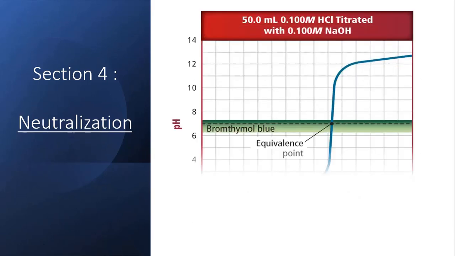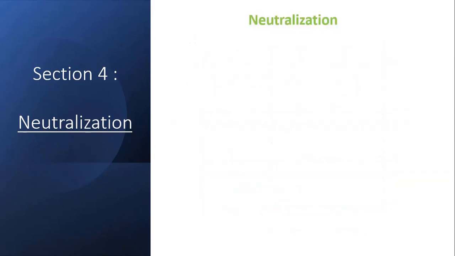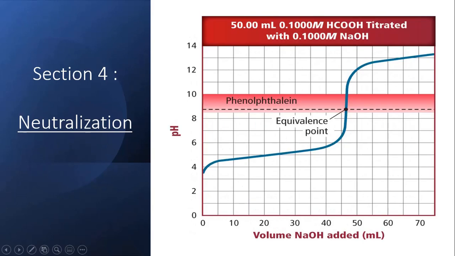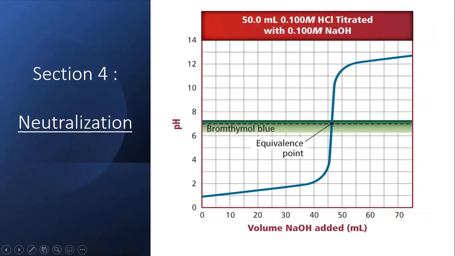You have some information mentioned in this, and you have NaOH also added to another type of acid that is strong. Here is strong acid, here is weak acid. This is why you don't have a sharp equivalence point. Here you have a sharp equivalence point.